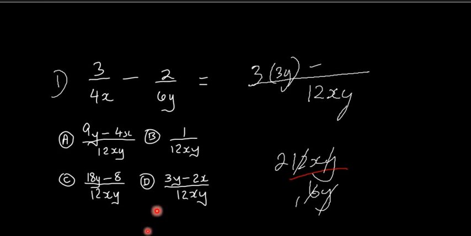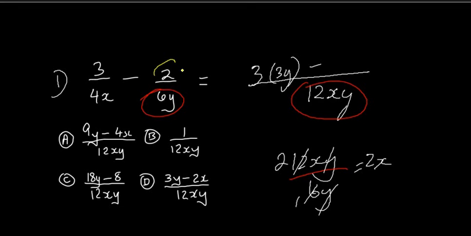So we're going to take that 2x and multiply by the corresponding numerator. So we divided what again? 12xy by 6y, and we got 2x. And that answer we get, we multiply by the corresponding numerator of 2. So it's going to be 2 times the 2x.